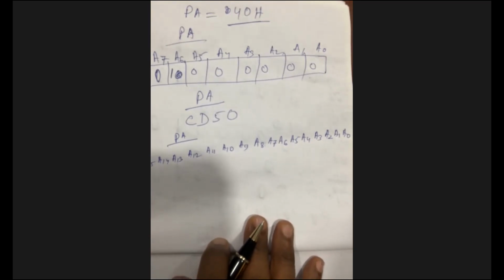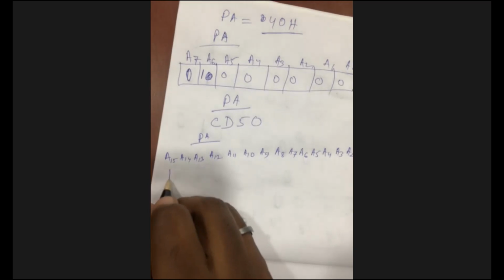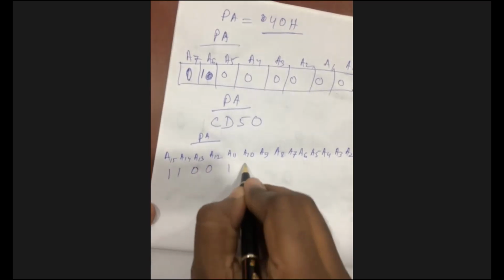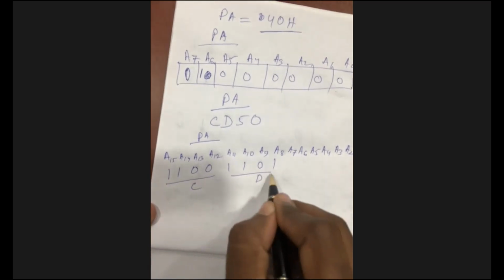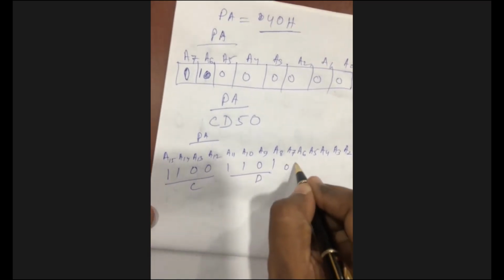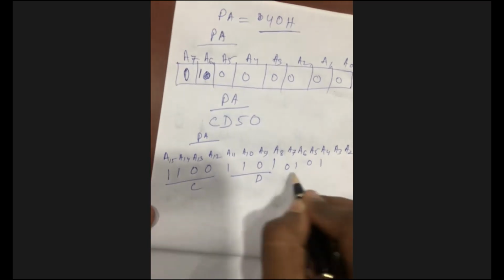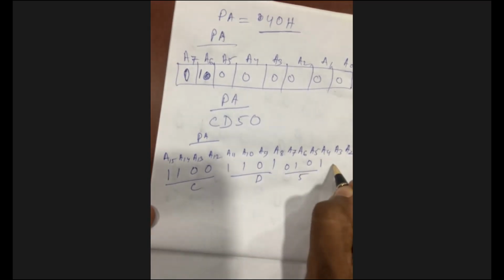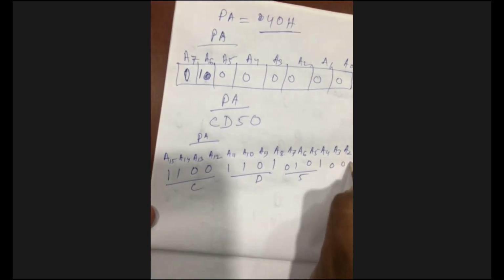And the CD means in binary 1 1 0 0 1 1 0 1. This is C, this is D. What is 5? 0 1 0 1. This is 5. What is 0? 0 0 0 0.